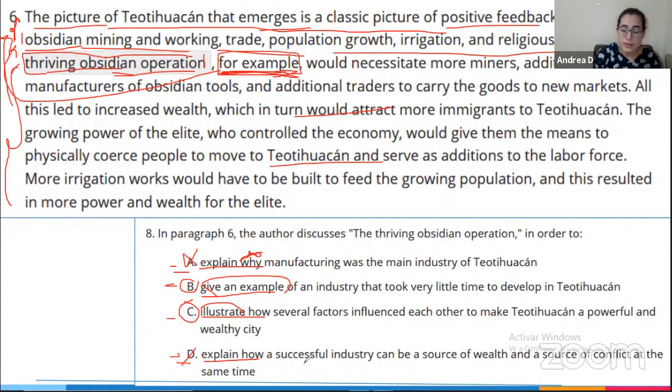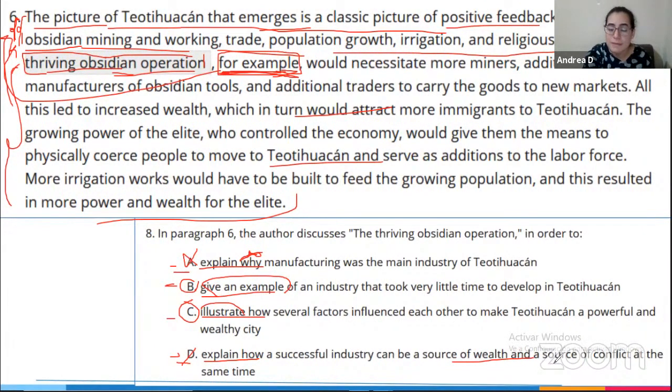So two things that you need to be careful with, or that you could do here. Understand what the claim or the main idea is. Understand or know that everything else is usually going to be supporting that main idea, and find a good paraphrase of that. Now, I'm not sure if the main idea of this paragraph is whether this could be a source of wealth and conflict at the same time.